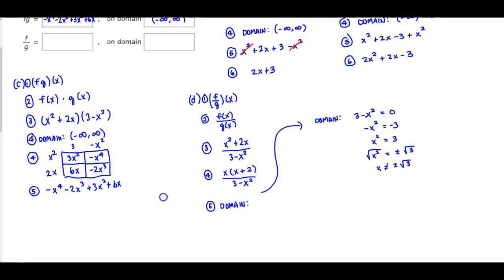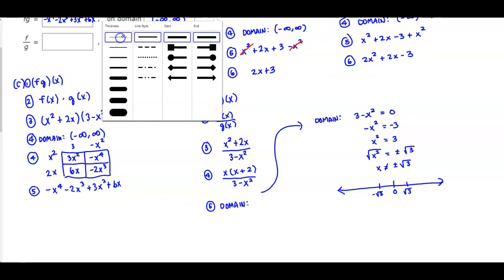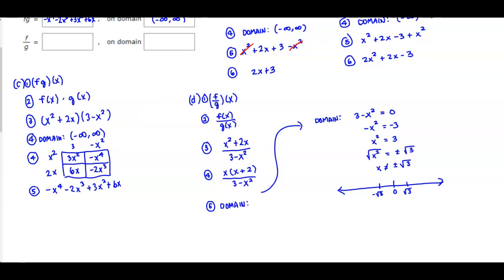So on our number line, we know that we have 0. We know that we have negative square root of 3. We know that we have a positive square root of 3. And so we know that it's going from negative infinity to negative square root of 3, and then negative square root of 3 to square root of 3, and then square root of 3 to positive infinity.